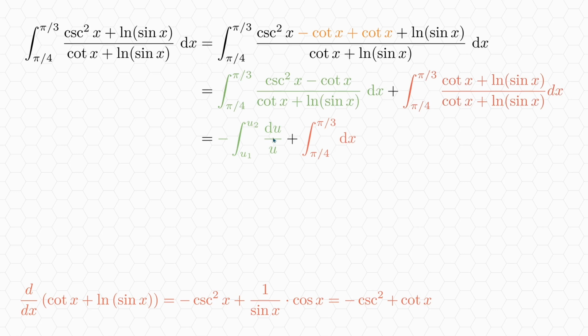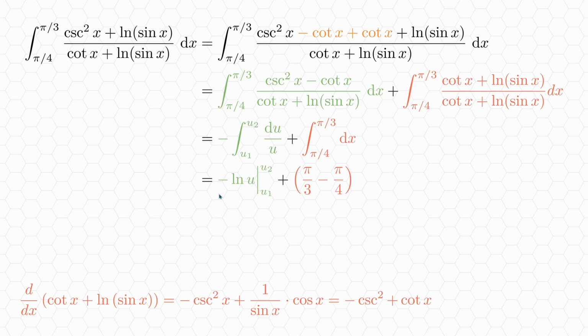Now, both of these new integrals are quite easy to evaluate. The first one is just ln of u. Actually, it's the absolute value of u, but for notation purposes, let's just say it's u. And then the second term is just pi over 3, the upper bound, minus the lower bound, because it's a constant value.